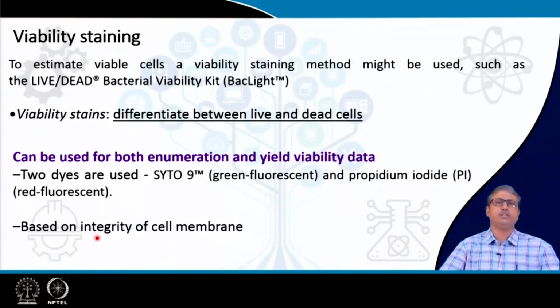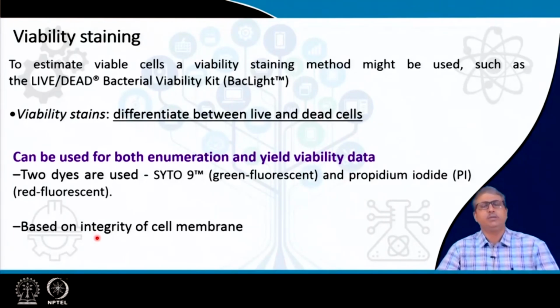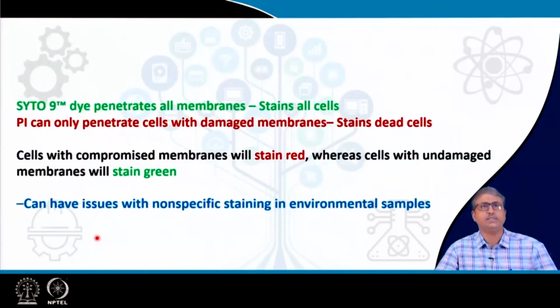Now, why is the integrity of the cell membrane considered here? Because a dead cell is considered to have compromised membrane integrity, and that means the membrane integrity is disturbed. So, the dead cell will be relatively open with respect to dye molecules, whereas a living cell will have a more compact and intact cell membrane, and some dye molecules may not be able to penetrate inside the cell.